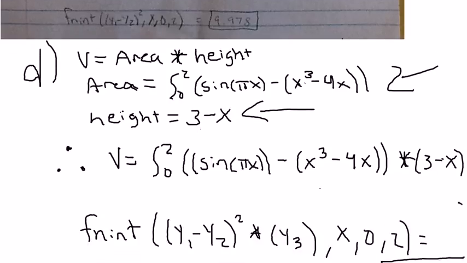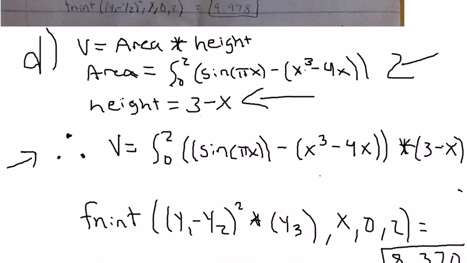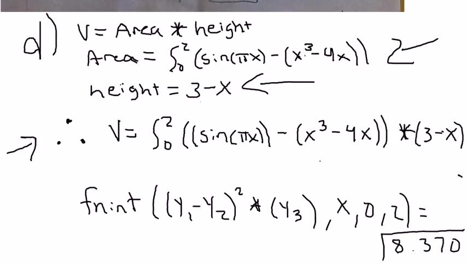So we know, therefore, which is another way you can write it on your AP test, V, volume, equals the integral from 0 to 2 of our area, which is sine of pi x minus x cubed minus 4x, times our height, which is 3 minus x. To find the actual answer, we plug that into our calculator, fnInt of y1 minus y2 squared, which is our area, squared.